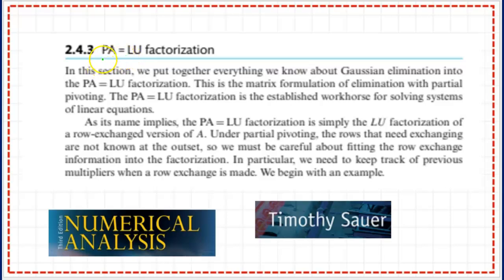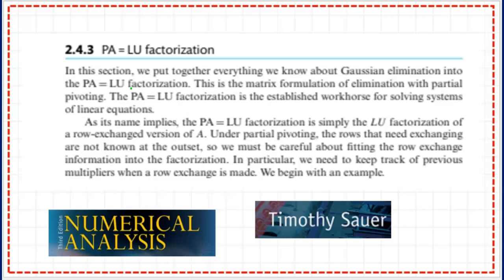So the title of 2.4.3 in the numerical analysis book by Professor Timothy Sauer is PA equals LU factorization. I quote, in this section we put together everything we know about Gaussian elimination into PA equals LU factorization.